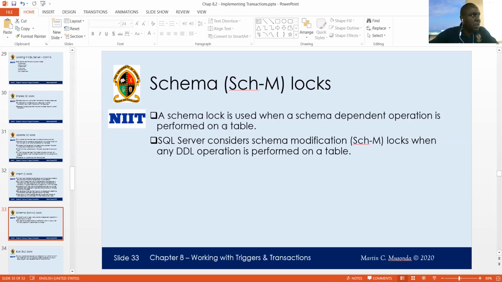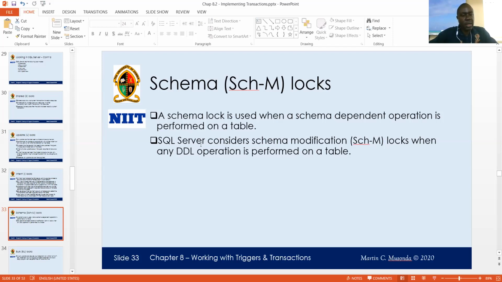This could be altering the table, adding additional columns, adding a constraint, changing the data type of a given column, and so on, or deleting the table altogether. Okay. That is, SQL Server will consider the schema modification locks at that point.